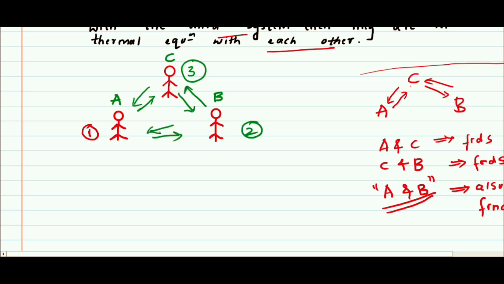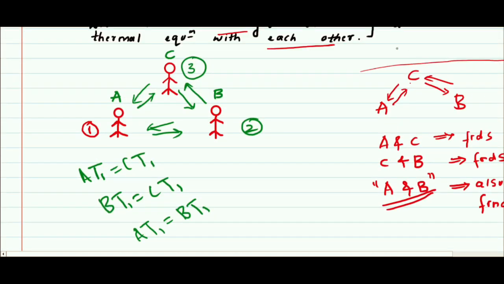So if both are in equilibrium with the third system, then they will be in equilibrium with each other. This is the zeroth law of thermodynamics, where we can say that the temperature of A is equal to the temperature of C, and the temperature of B is equal to the temperature of C. Then the temperature in A is equal to the temperature in system B. So this zeroth law introduces the concept of temperature.